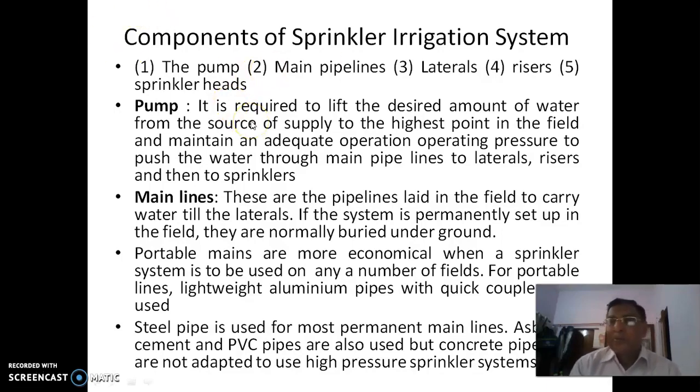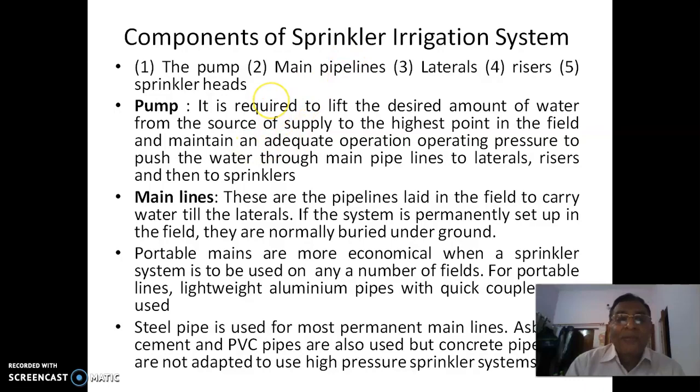First, the pump. Pumping is very much required because, as we have already said, it is a pressurized flow system. So first of all, the water has to be pumped from the source. The source may be a tube well, a bore well, a canal, or some other source, and then the water has to be lifted and put into the pipes to flow under some pressure.